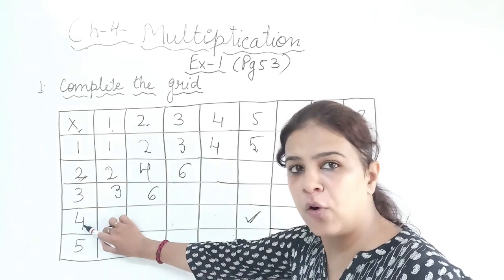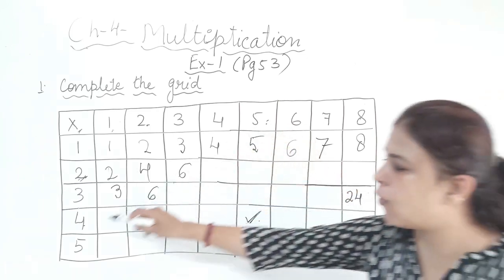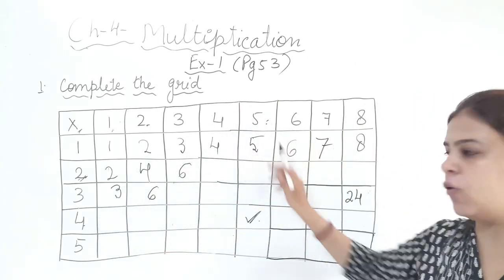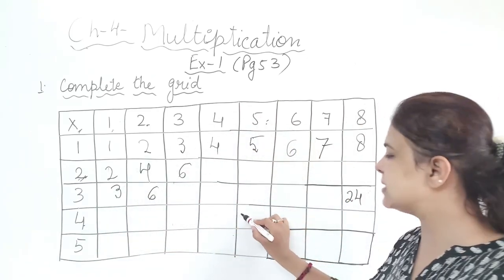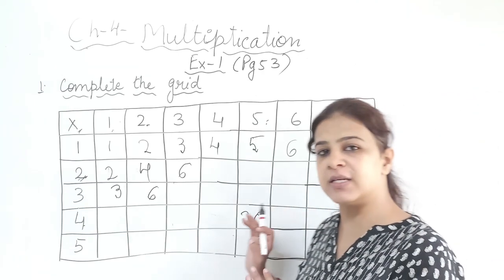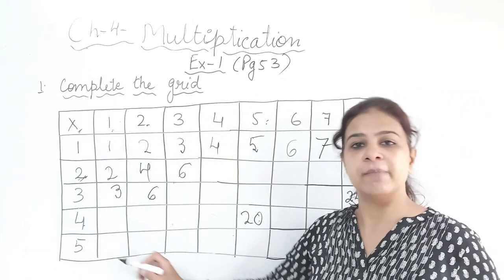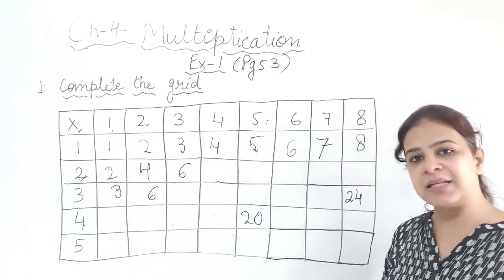Here it is 4 and here it is 5. I will check this. 4 multiply by 5. 4 fives are 20. So I will write down 20. I hope you all have understood children. In this way you all will complete the grid in your maths time book.